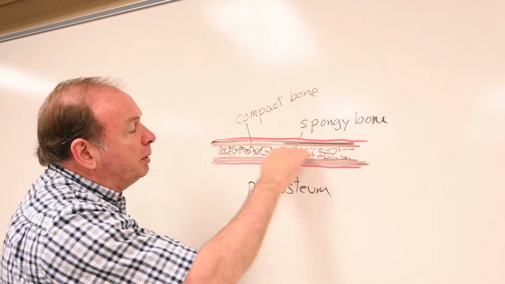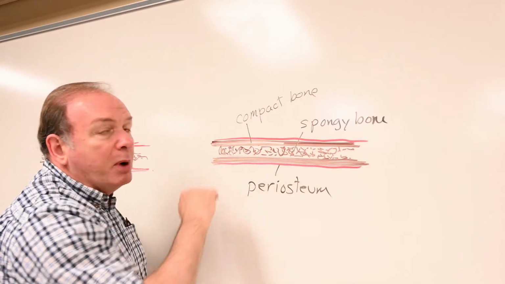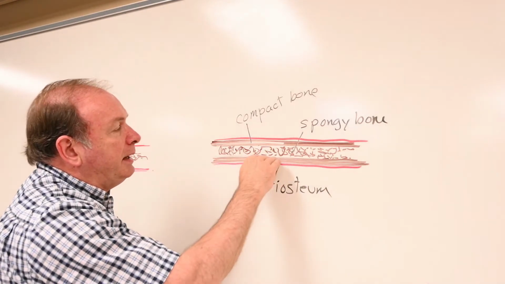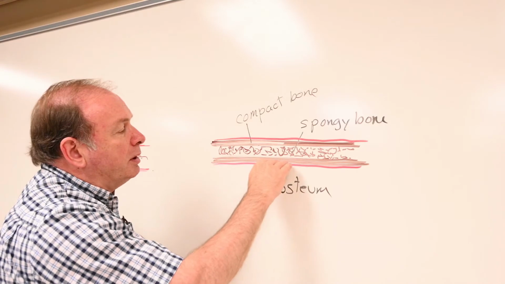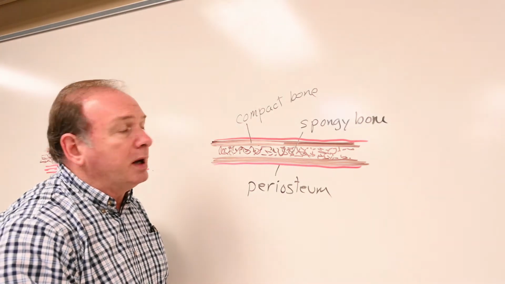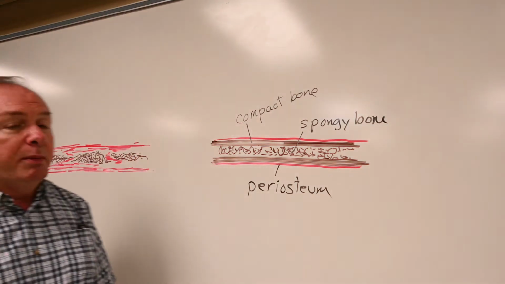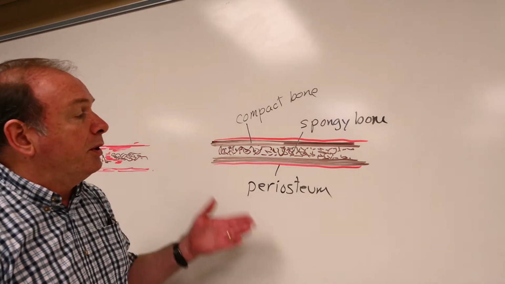And those spongy bone plates within the membrane eventually fused together to make a solid spongy bone through the membrane, and then we lay down that compact bone on the outside of that, and the connective tissue on the outside becomes the periosteum in this case. So that's membrane bone formation, or intramembranous bone, or dermal bone.